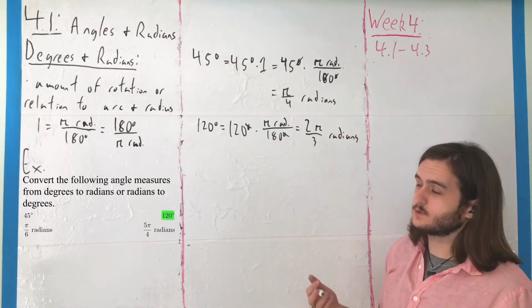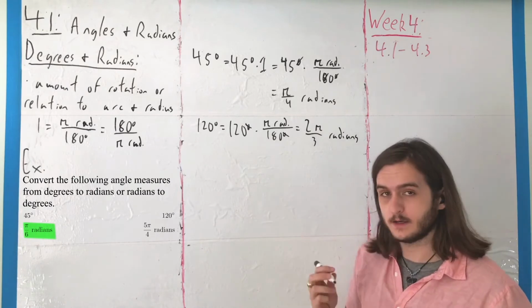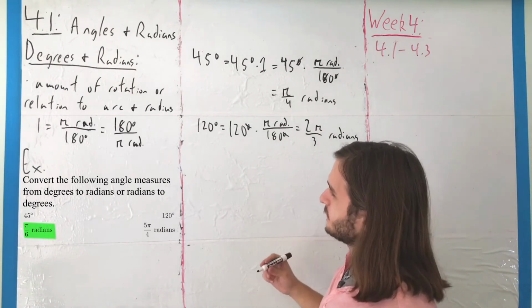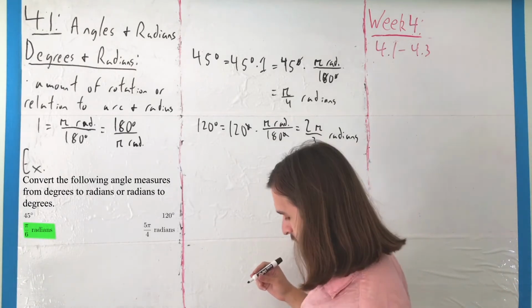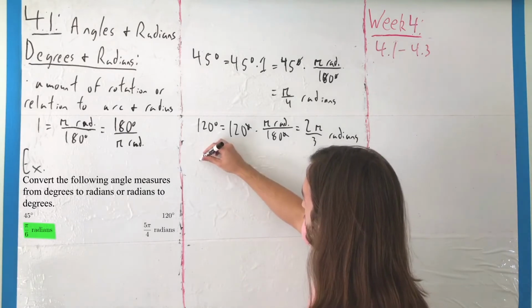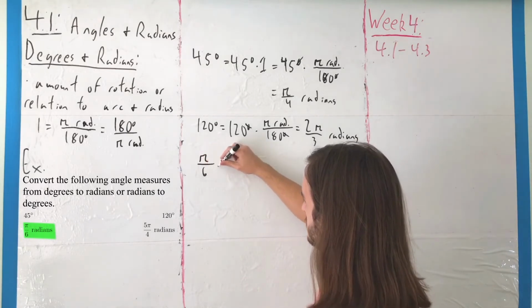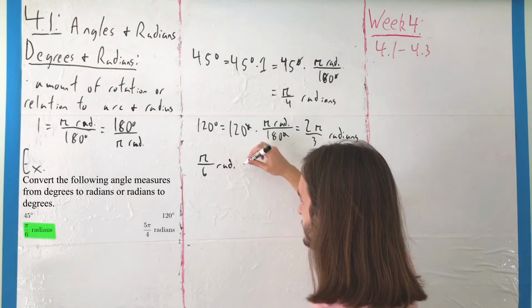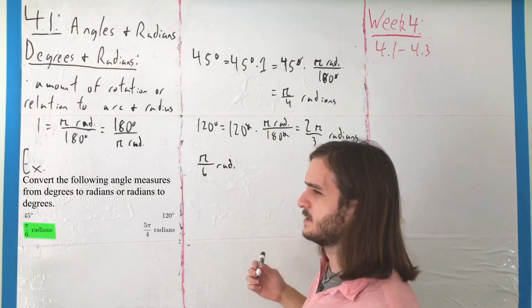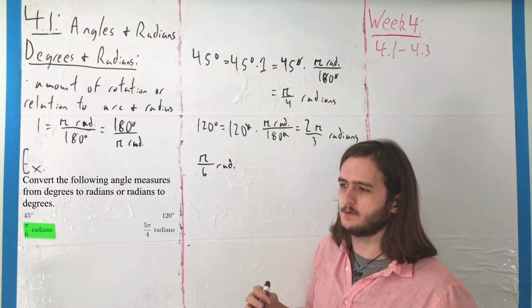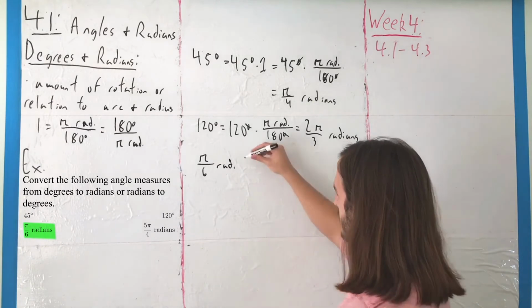And then in the other cases, we're doing the same thing, but we're going to think of 1 in a different way. So for the first one, we have pi over 6 radians, or pi sixths radians, although I probably wouldn't say it that way just because it sounds weird to put that many THs next to each other.